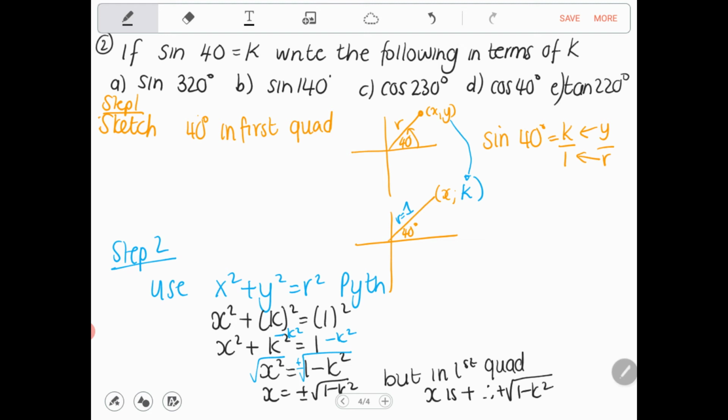All right, so what do we have? We have x is equal to the square root of 1 minus k squared, y is equal to k, and r is equal to 1.